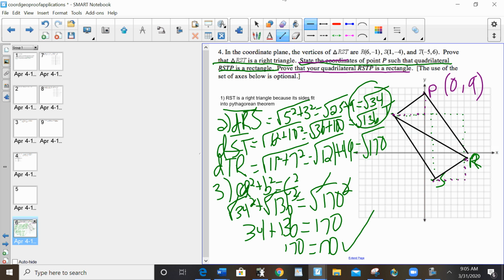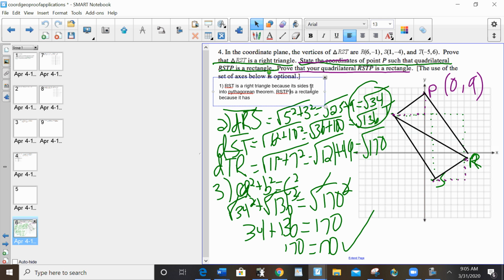RSTP is a rectangle because, and again, you need to memorize how to prove your different shapes, a rectangle has two pairs of opposite sides congruent and diagonals congruent.